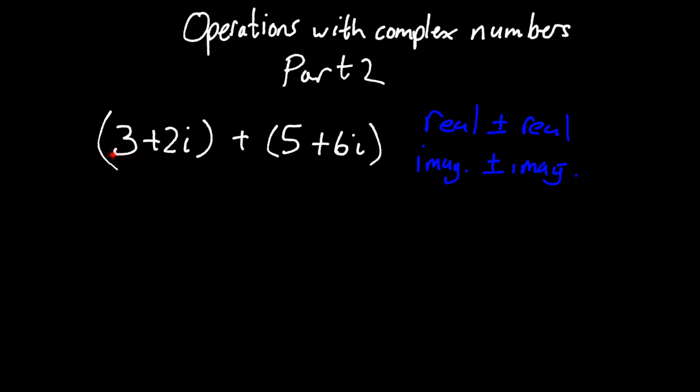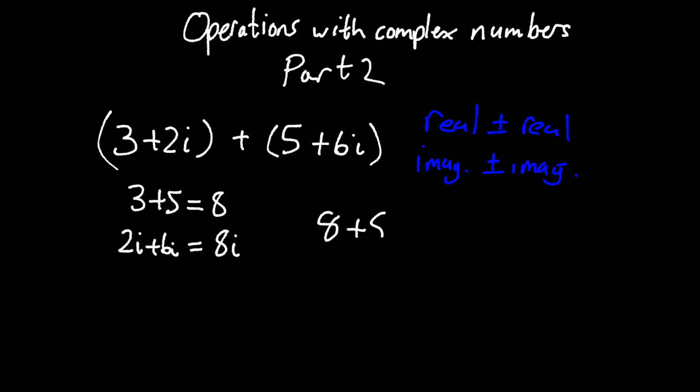So I have 3 plus 5, which equals 8, and then I have 2i plus 6i, which equals 8i. So our sum here is 8 plus 8i.